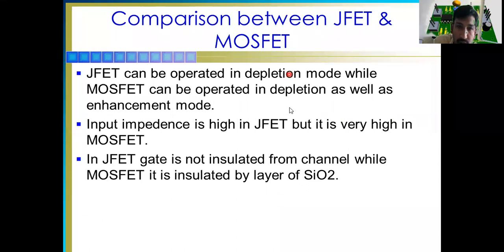When we talk about the difference between MOSFET and BJT, you can directly write that the input impedance of MOSFET is high.